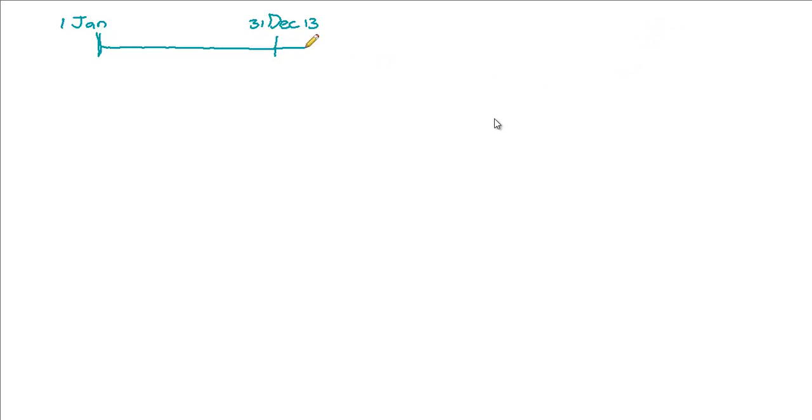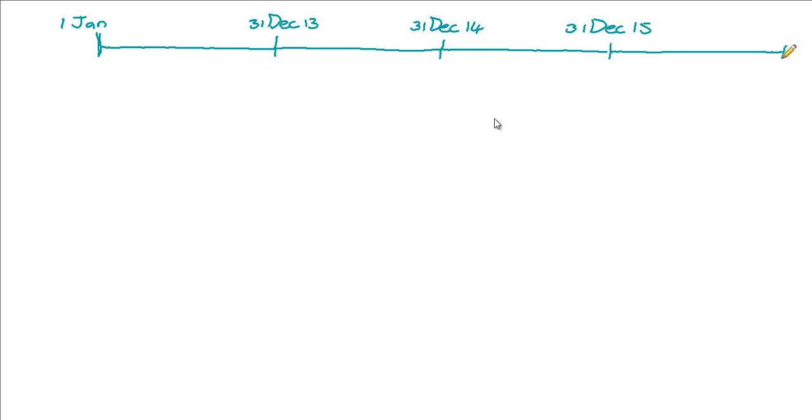Thereafter, we'll have the second year, which is going to end on 31st of December 2014. Thereafter, another year, 31 December 2015. And then our last financial year, 31 December 2016.